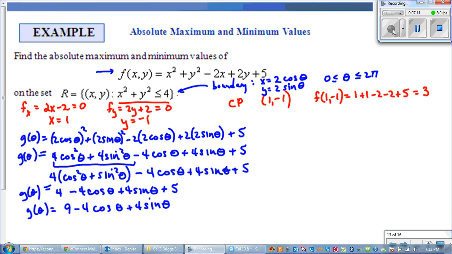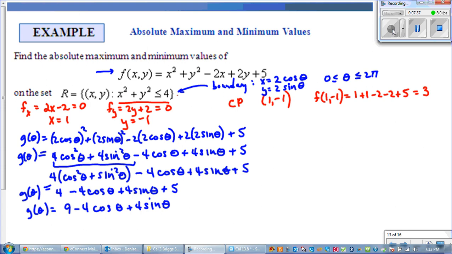Now, this is the function that has the same values as the function f, but in terms of one variable. So we've parameterized that curve along the surface of f. Okay, so now let's find the maximum or minimum values of this function.